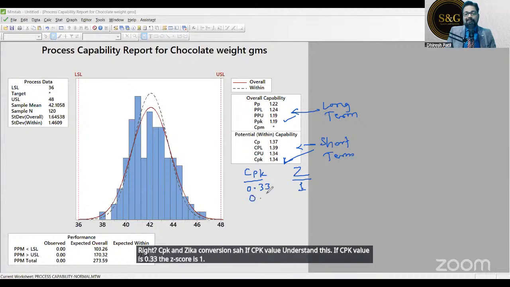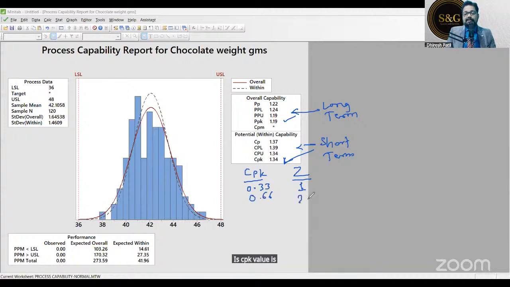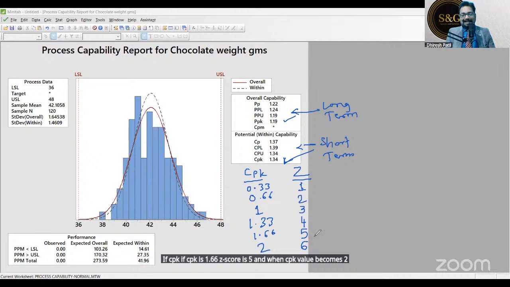If Cpk value is 0.66, Z score is 2. If Cpk value is 1, the Z score is 3. If Cpk value is 1.33, the Z score is 4. If Cpk is 1.66, Z score is 5. And when Cpk value becomes 2, it is a 6 sigma process.